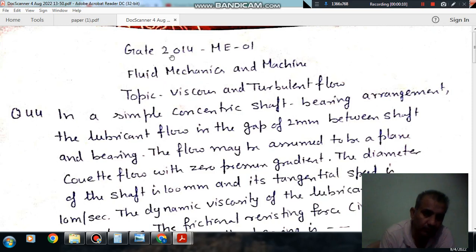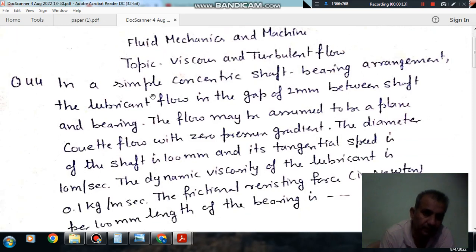Question number 44 from GATE 2014 ME-01 is: in a simple concentric shaft bearing arrangement, the lubricant flows in the gap of 2 mm between shaft and bearing. The flow may be assumed to be plane Couette flow with zero pressure gradient.